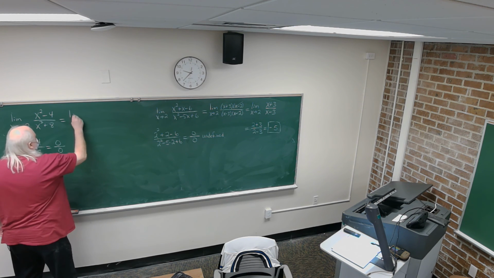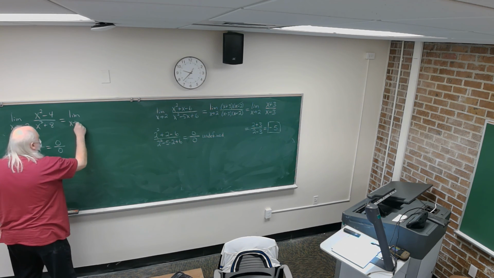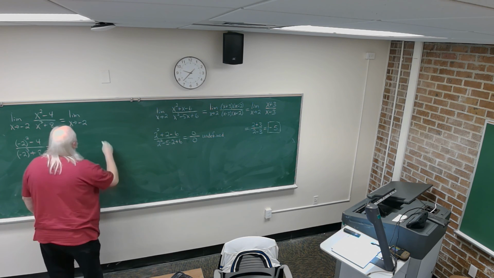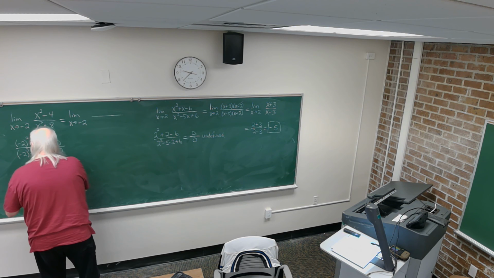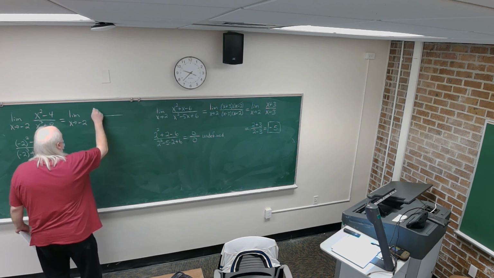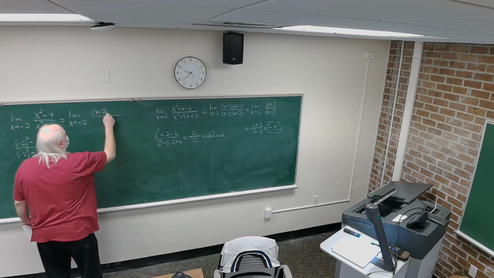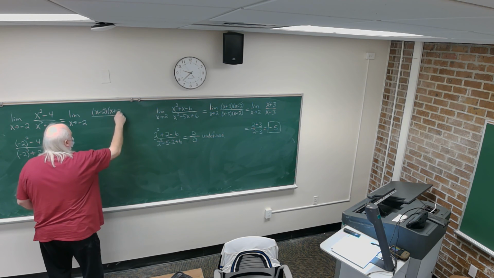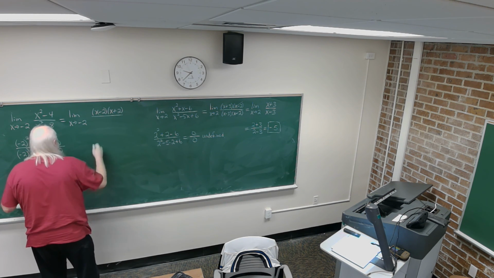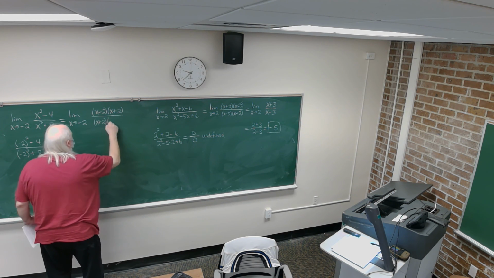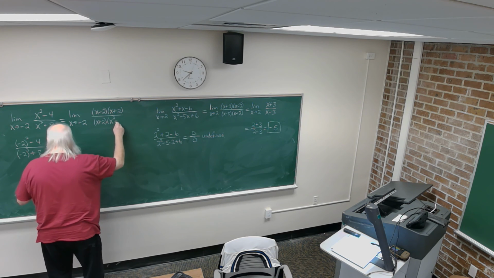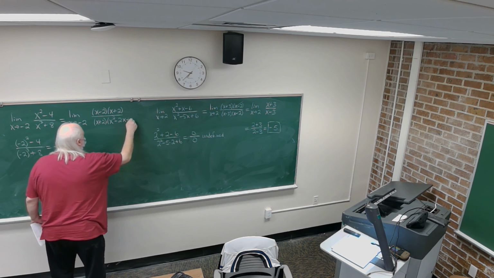So we have the limit as x approaches minus 2. And when we factor the numerator and denominator, which we did on page 2, we ended up with x minus 2 times x plus 2 over x plus 2 times x squared minus 2x plus 4.